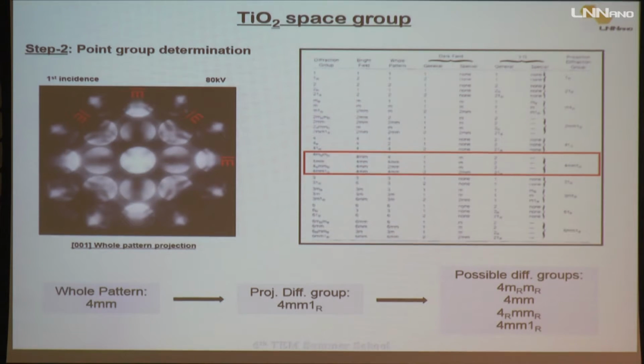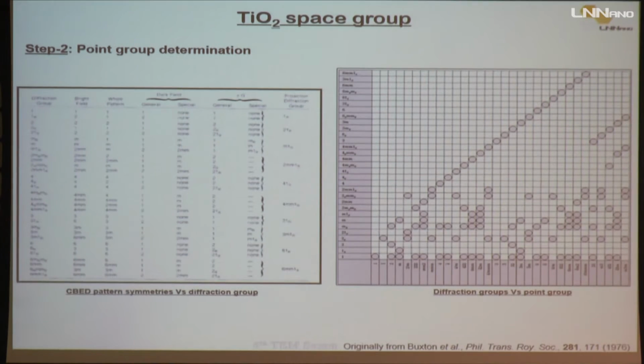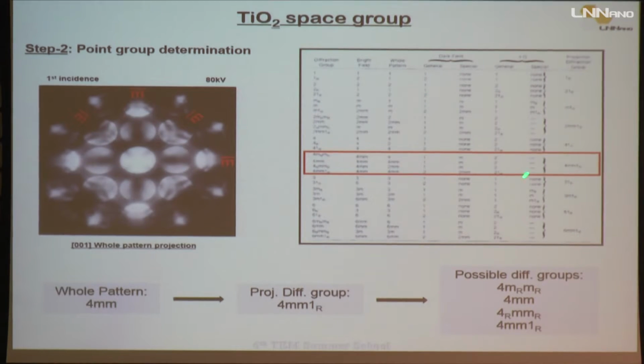So I can straight away say that my whole pattern symmetry in this particular orientation 001 has 4mm symmetry. Looking into this second table, I can see that the whole pattern is 4mm symmetry. So the projection diffraction group can be this one, 4mm1R.